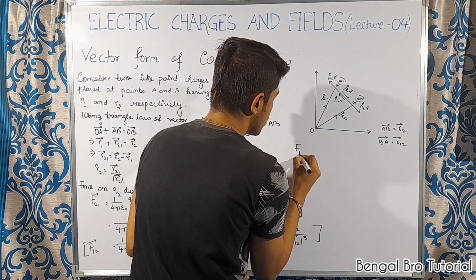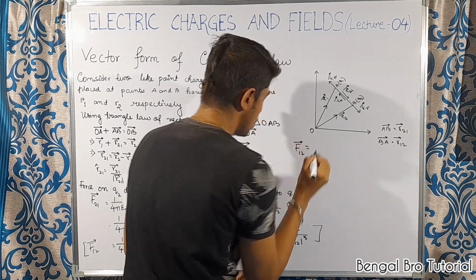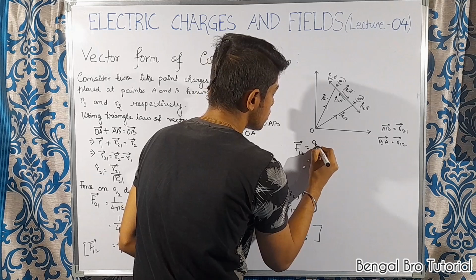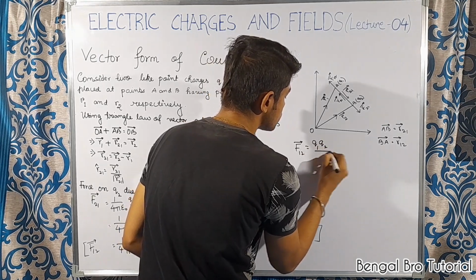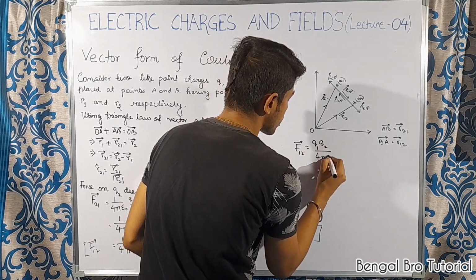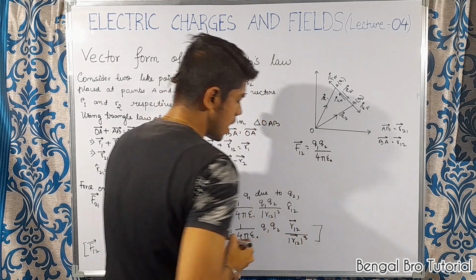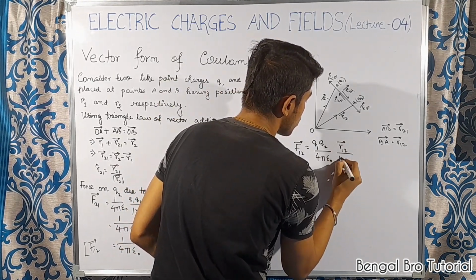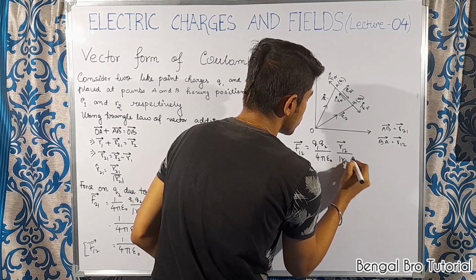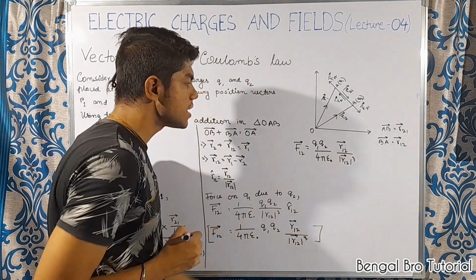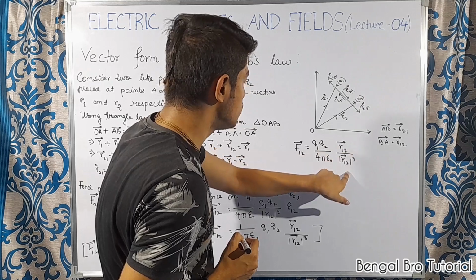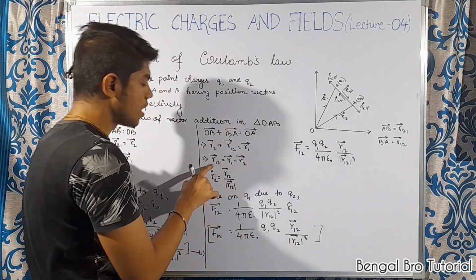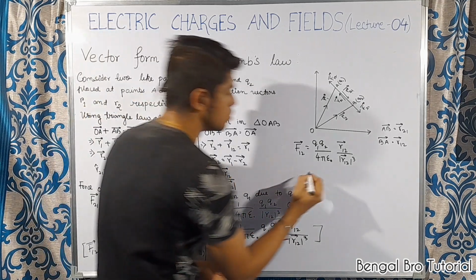Now, F12 vector is equal to q1 q2 by 4 pi epsilon naught r12 vector by mod of r12 cube. Just replace r12 with r1 minus r2. r12 equals r1 minus r2.